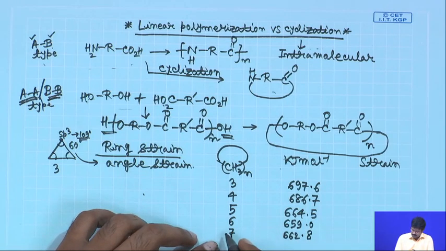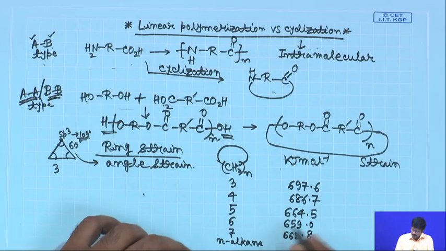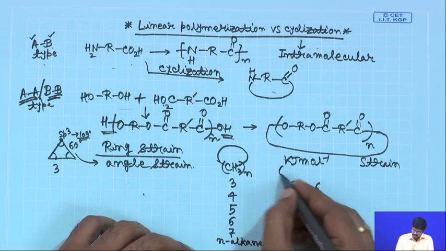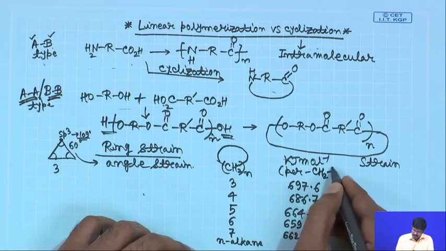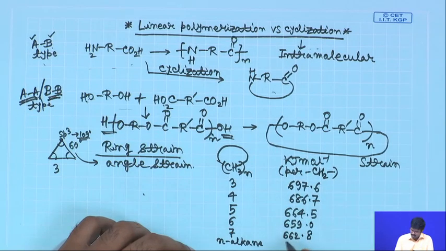Finally, let me write down for an n-alkane, that means linear alkane, per CH2 unit, what is the heat of combustion per CH2 unit? It is 659.